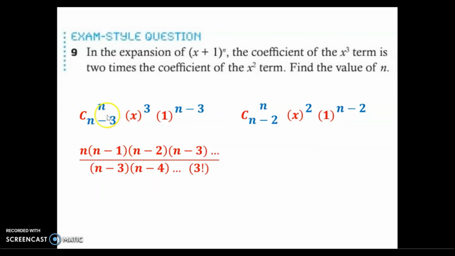We know the combination formula tells us we do this thing, n factorial, that number on top. So n factorial, we don't know what n is, but if you had a number, it's that number times 1 less than that number times 2 less than that original number times 3 less, right? So we write it like this, dot, dot, dot. Okay, on the bottom, remember, it's n minus 3 factorial, okay? So n minus 3, and then 1 smaller than that, which is n minus 4, dot, dot, dot.